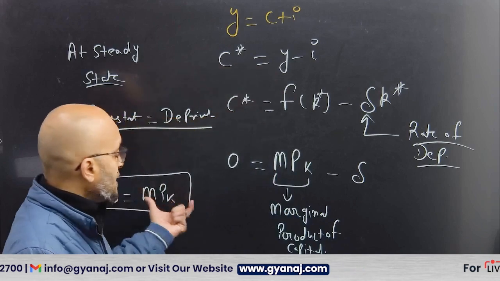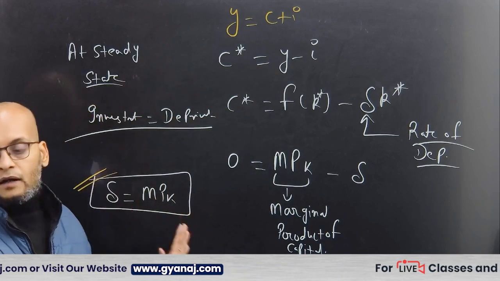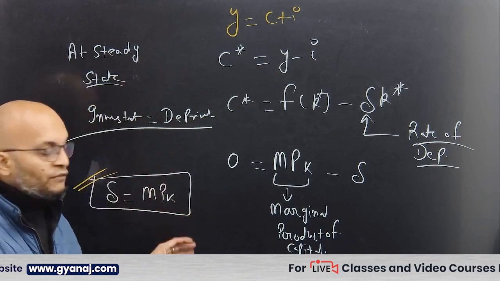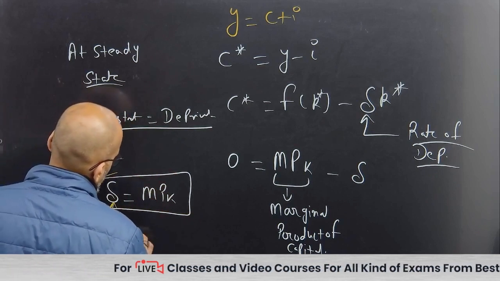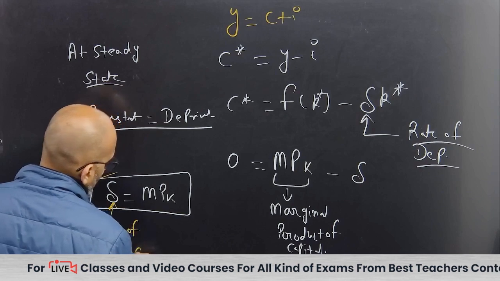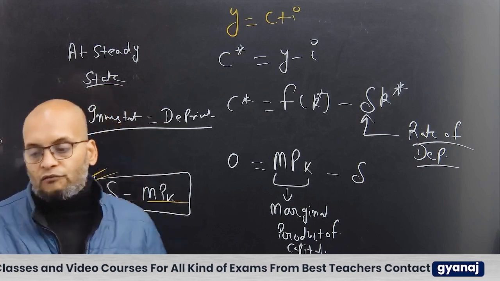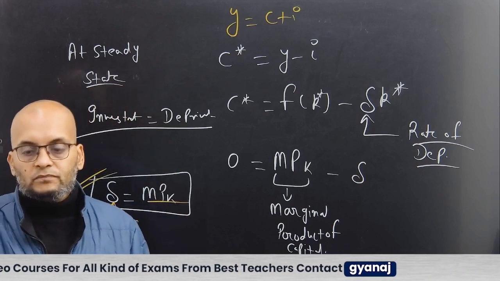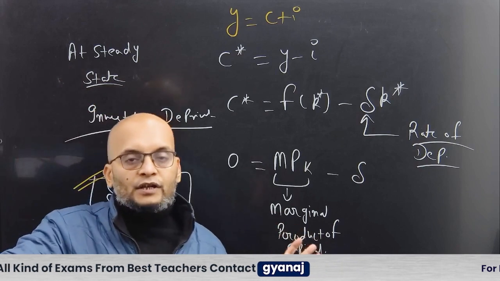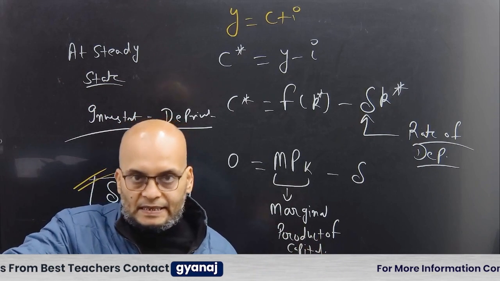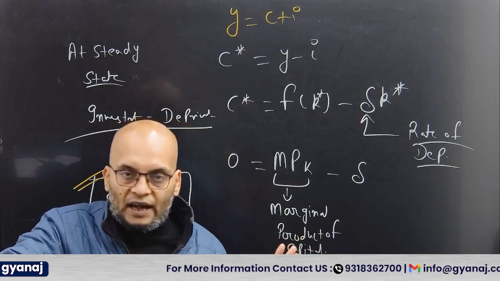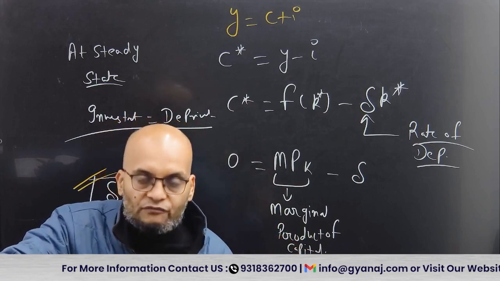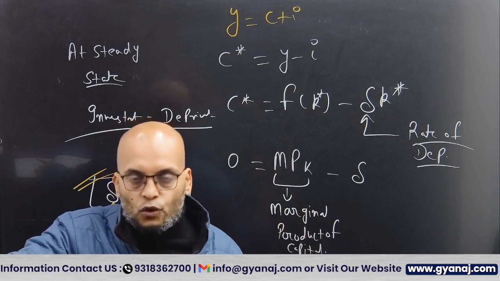Okay, a steady state will be obtained under golden rule when the rate of depreciation, del, is equivalent to marginal product of capital. Okay, so that's the condition for golden rule steady state. This is the case when only capital is changing. Fine, here labor is not changing, population factor or technology factor is not included.